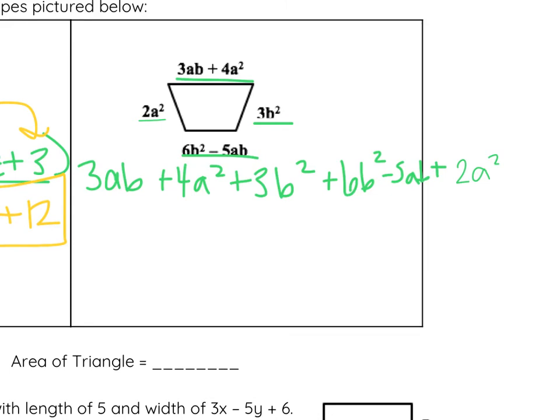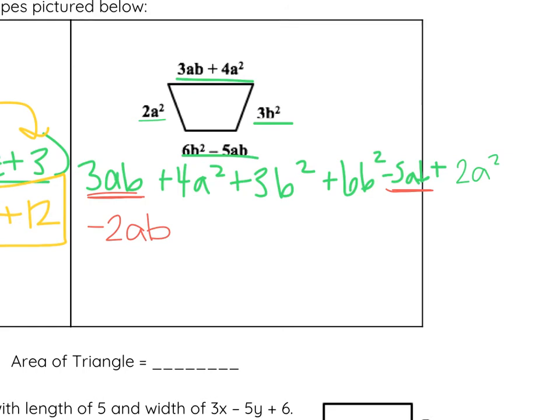All I need to do now is combine my like terms. So I have a 3ab here. When you're looking for like terms, you need the same variable, or variables in this case, and the same exponent on those. So we have a 3ab, but we also have a negative 5ab. So those two can combine to give me a negative 2ab.